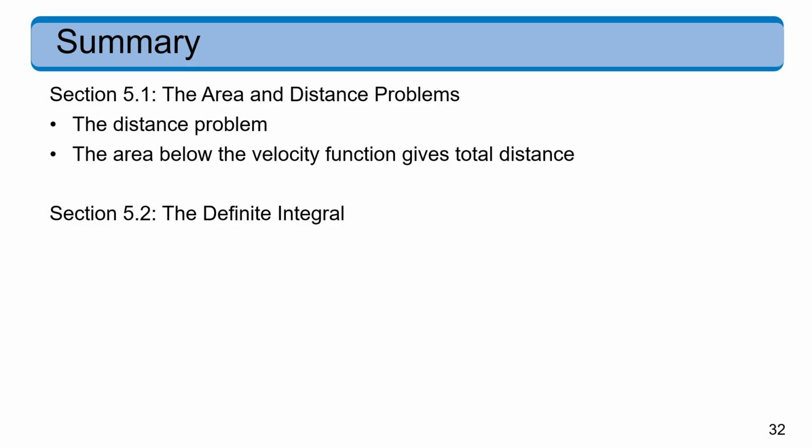Then we started section 5.2 on the definite integral. First, we defined the definite integral, and the definition basically came from the formula we had developed earlier to solve the area problem, the area below a function f over a given x interval.